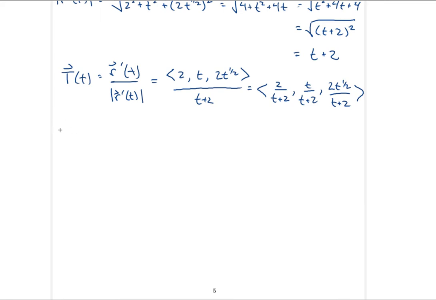All right, so T prime then is going to be, so now we just have to take derivatives. So this first one we should probably go ahead and get ready to have its derivative taken. So right here, this should really be written as t plus 2 to the negative 1, right? And in these other two, what we could probably just do is a quotient rule, so I can leave those alone.